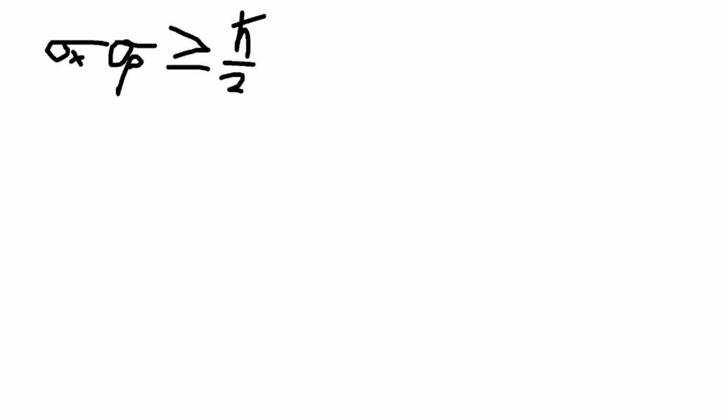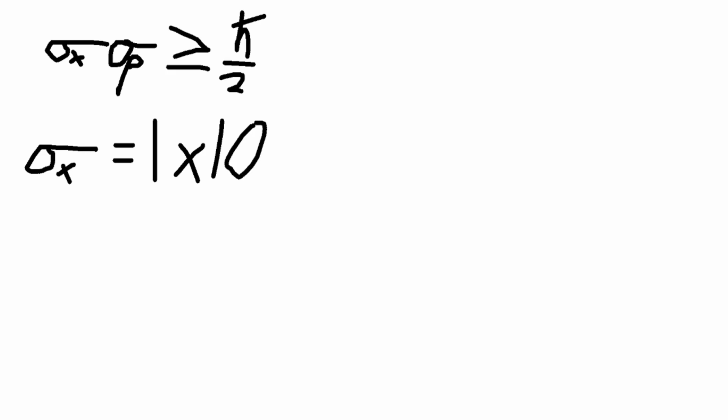So what does this mean? Well, practically speaking, it means that there is a limit to how accurately we can simultaneously know both the position and the momentum of something. So let's say you want to reduce the uncertainty in the position as much as possible. Let's say you want sigma x to be a very small value, let's say 1 times 10 to the ridiculously small 10 to the negative 99.